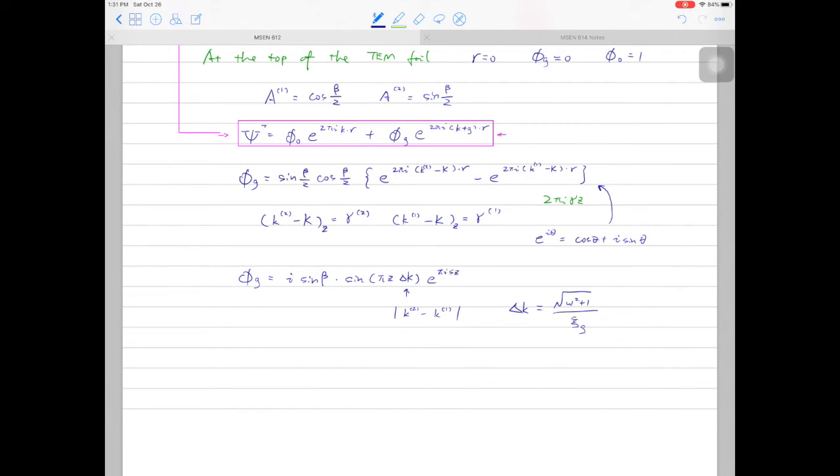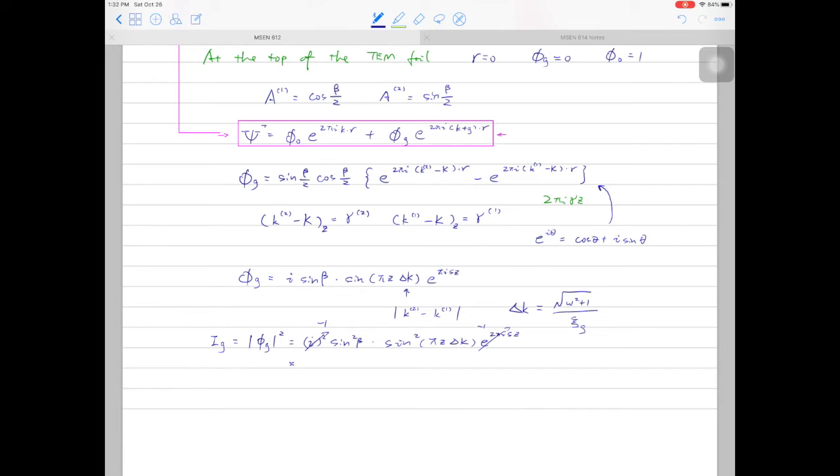The intensity of the diffracted beam Ig is equal to phi g square, which is equal to i square sine square beta times sine square pi z delta k e to the power 2 pi i s z. i square is minus 1. e to the power of 2 pi i s z is minus 1 as well.